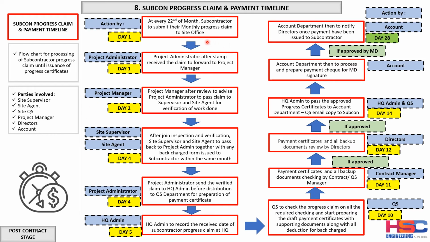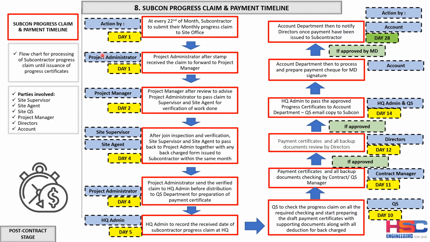Okay, first, this is what happens on day one. Day one, on every 22nd of the month, the subcontractor submits their monthly progress claim to the site office. Secondly, once the progress claim is received, the project administrator stamps it as received and then forwards it to the project manager.